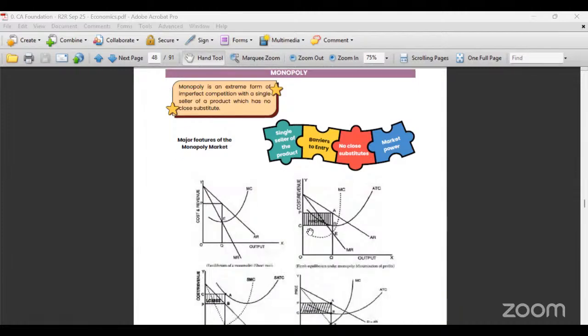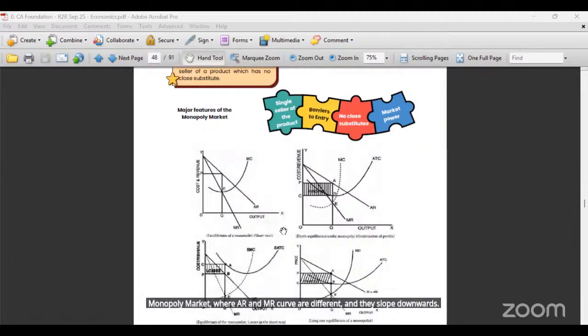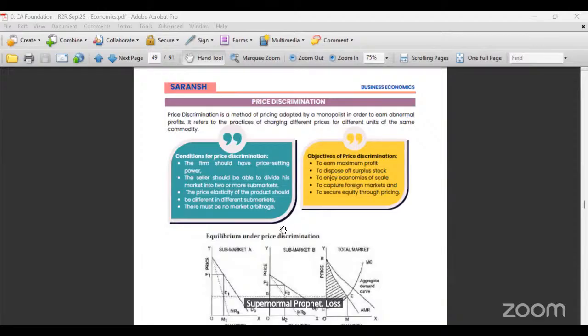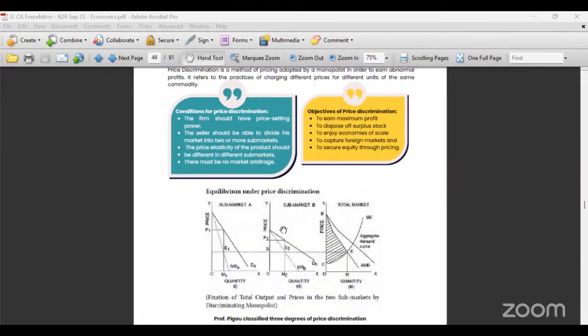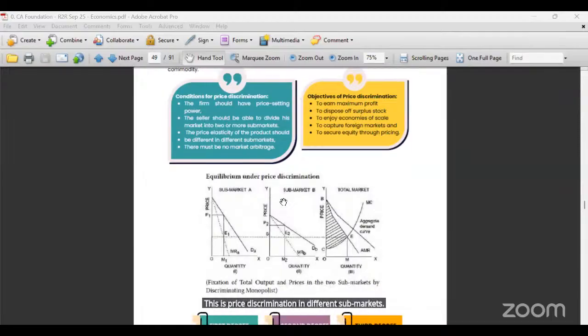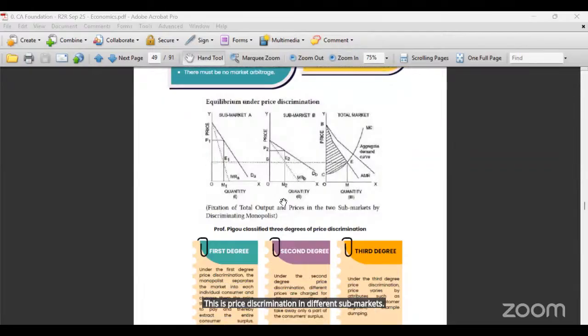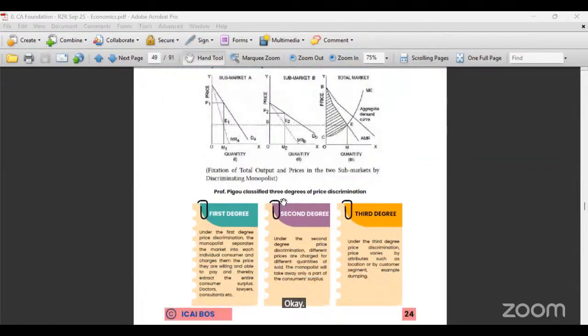Monopoly market, where AR and MR curves are different and they slope downwards. Supernormal profit and loss can be seen in these diagrams. This is price discrimination in different submarkets. Okay, I want you to read this first degree, second degree, and third degree price discrimination.